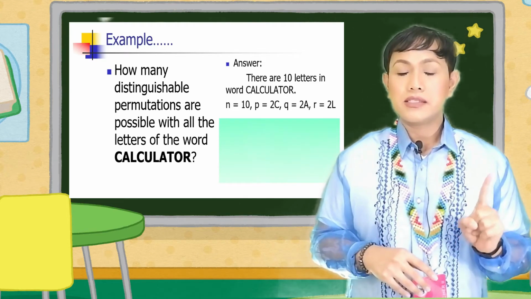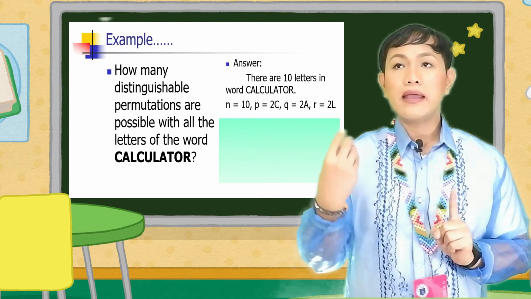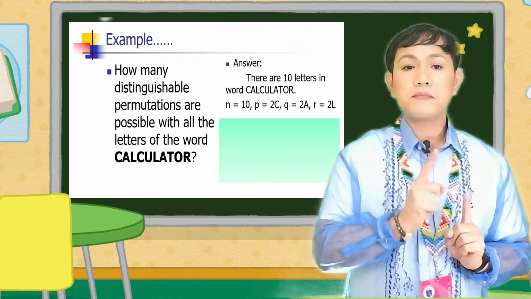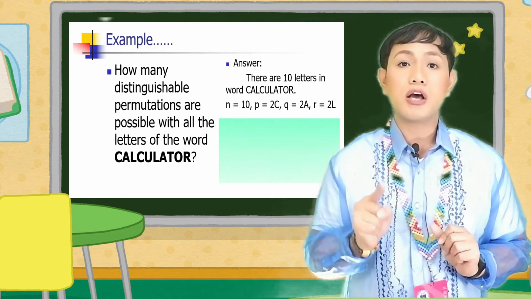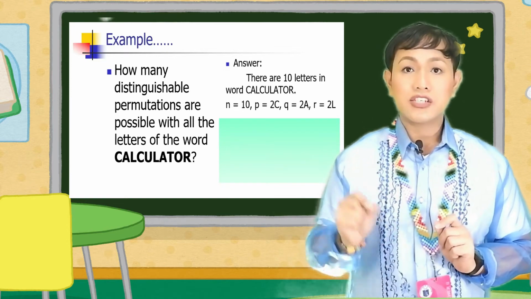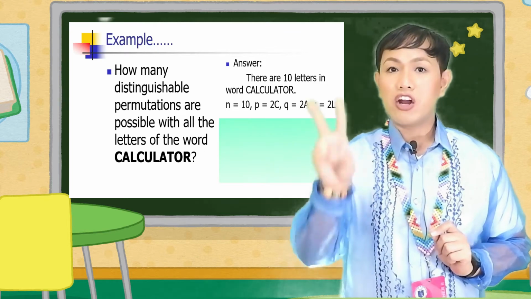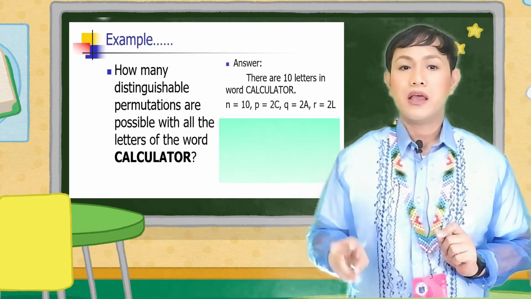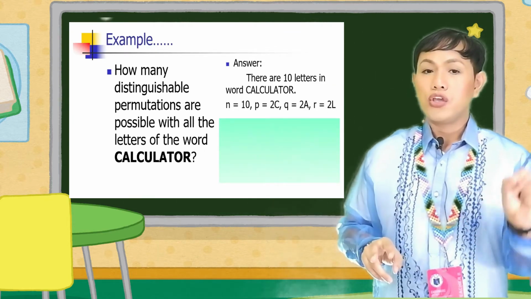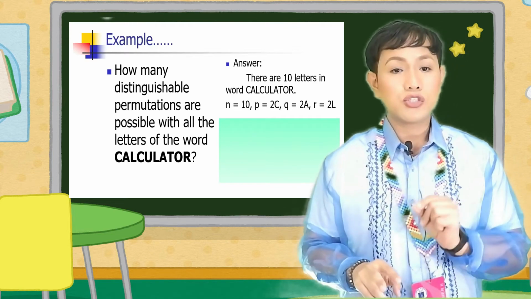Our P is actually equal to 2. And why is it 2? Because your P represents the total number of letter C's, and in the word calculator, we get to see that there are 2 letter C's. Now what about your Q? Your Q now would be equal to 2.